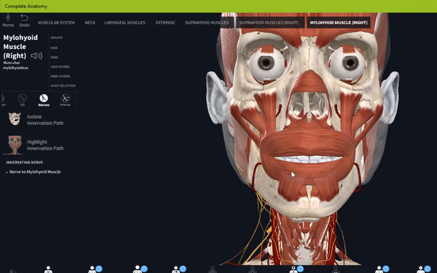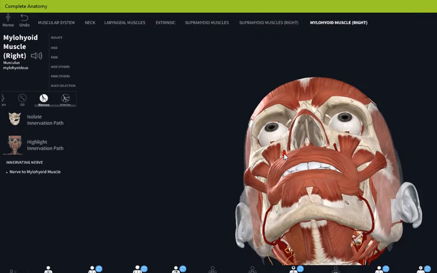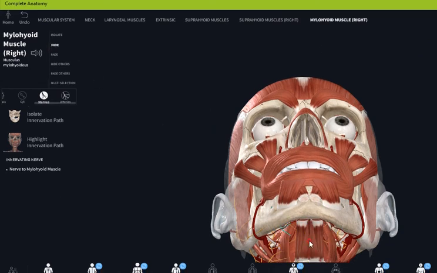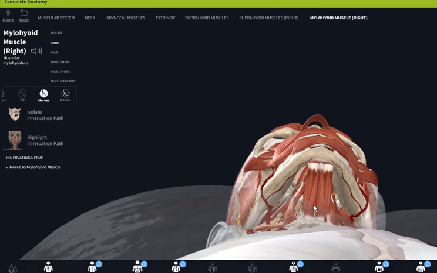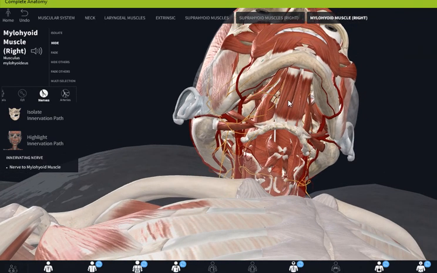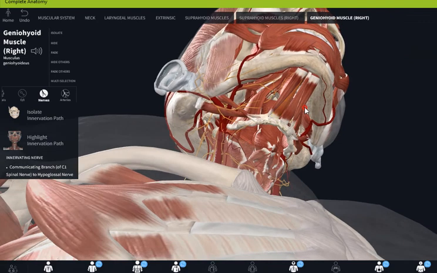Now upon the next portion, we've seen the mylohyoid muscle. So we can remove the mylohyoid muscle, we hide it. So when you hide the mylohyoid muscle, we have this other muscle here. So this other muscle here is going to be called the geniohyoid muscle, and they receive their innervation from the hypoglossal nerve.